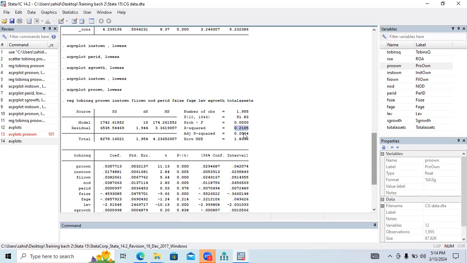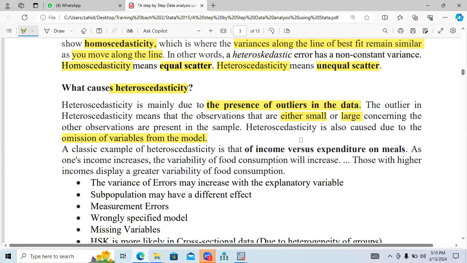If the R square is small, it means we need to include some important variable, and we need to exclude some of the variables we have included here, which are useless. Most of these variables are not explaining the dependent variable. That's why your R square is small. So whenever we have omitted some important variable from the model, it may be possible that heteroscedasticity is there.